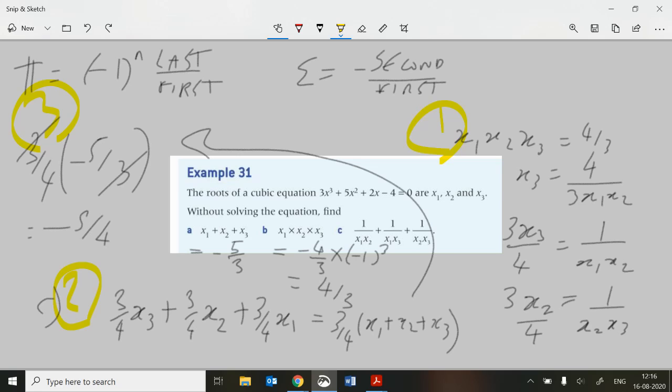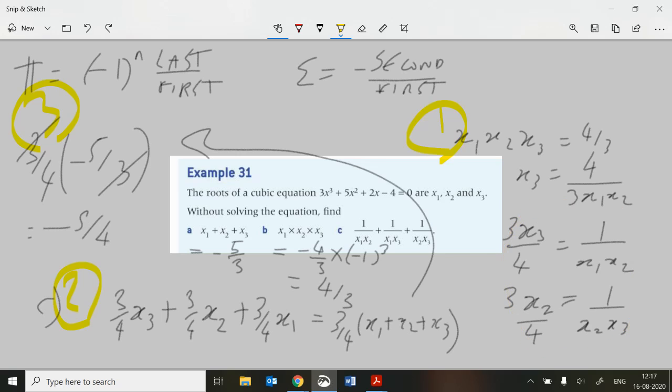Likewise, you can do another expression for the middle one in a very similar way. So we end up saying 1 over x1, x2 is equal to 3x3 over 4, or 3/4 x3, and I've done exactly the same with the other two expressions.